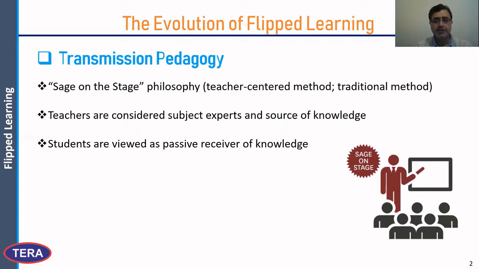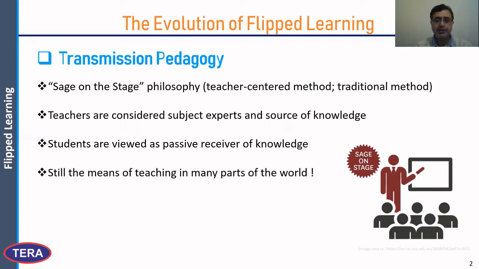This method of teaching was later extended with tutorials, laboratories, and workshops, but the academic remained the expert, providing the knowledge to the students. This method still remains a central method of teaching in most parts of the world.